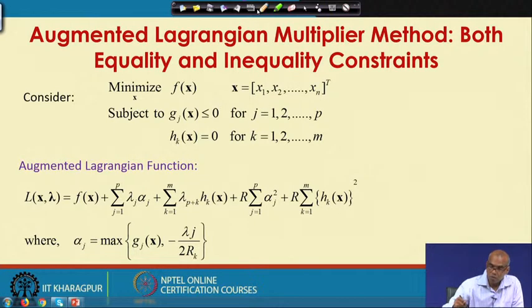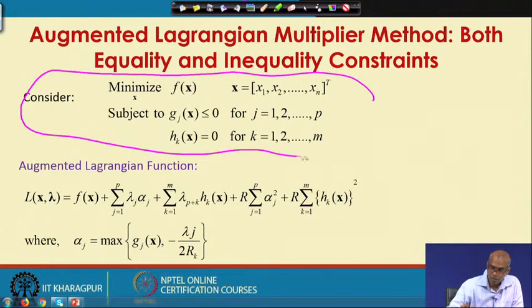Suppose now we have this nonlinear programming problem where I have to minimize an objective function f x which has n decision variables. There are p inequality constraints and there are m equality constraints. The objective function and constraints may be nonlinear functions of the decision variables.